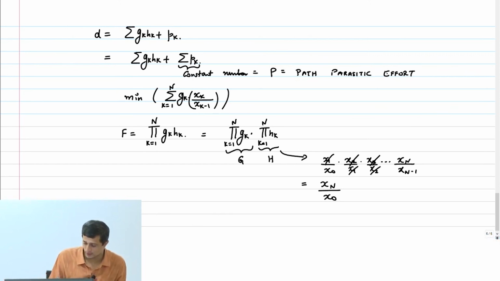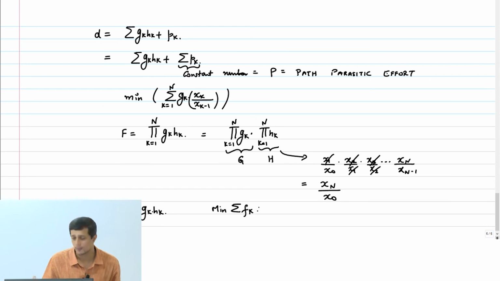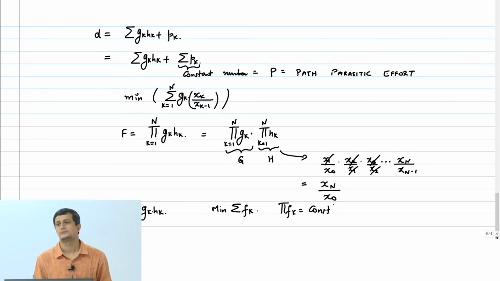Now you observe this term. Let Fk equal Gk into Hk. I want to minimize summation Fk, but the property of Fk is that the product of Fk is a constant, right? So what do you do now?